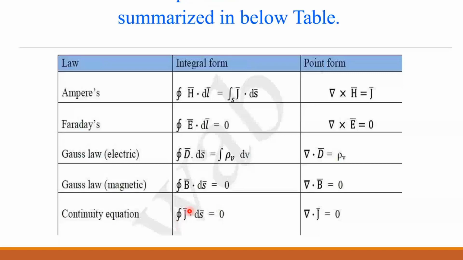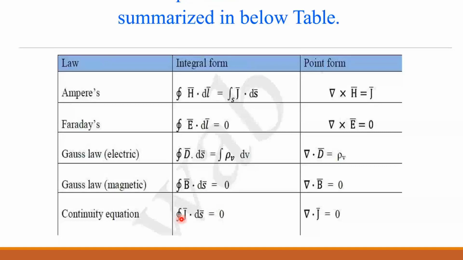From that concept, we have derived this closed integration. If the node is considered as a small volume, and the volume is closed, then it becomes closed integration of J bar dot ds bar is equal to 0, or in point form, del dot J bar is equal to 0. So these are the Maxwell's equations for static fields we have seen earlier.